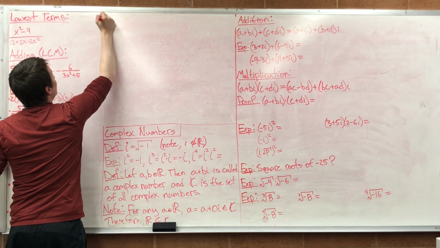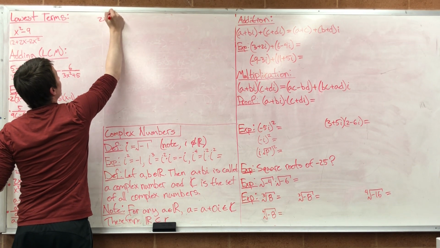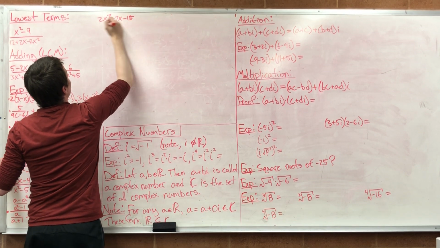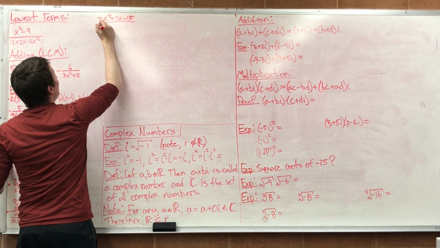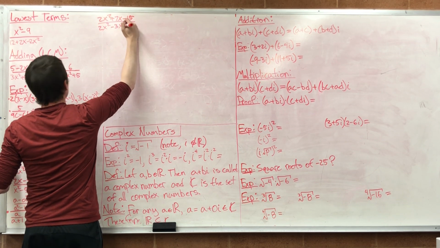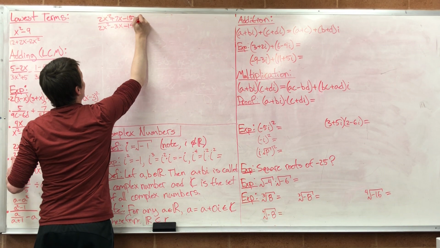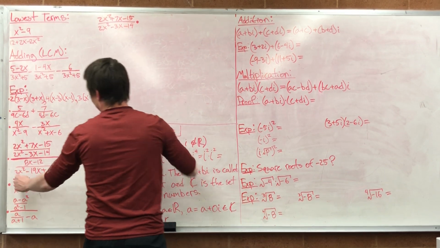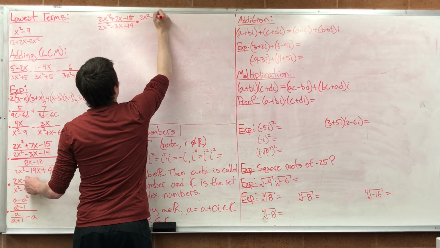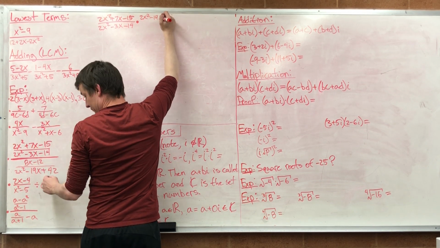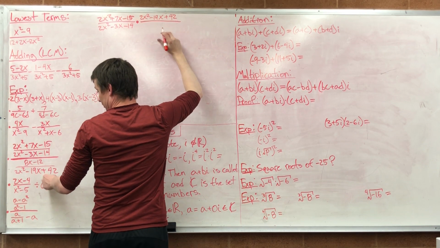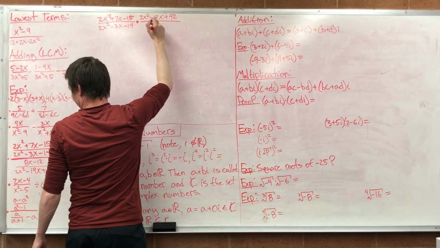So we're going to have 2x squared plus 7x minus 15 over 2x squared minus 3x minus 14. And we're going to multiply by the reciprocal of this. So we get 2x squared minus 19x plus 42 all over 4x minus 12.